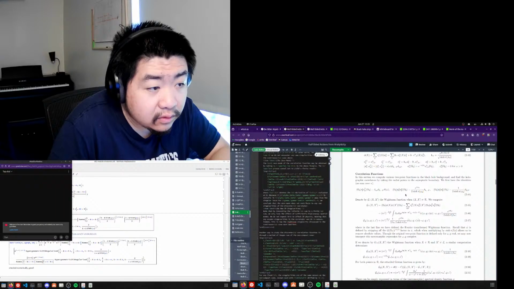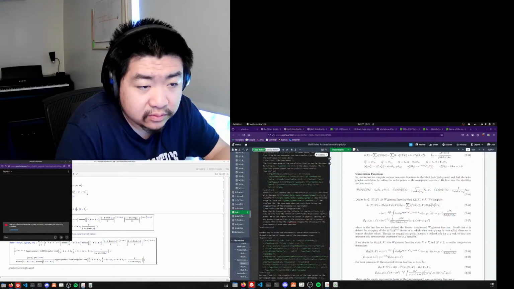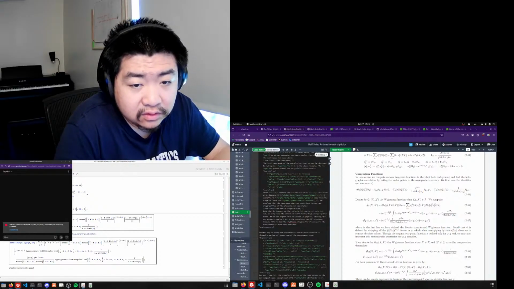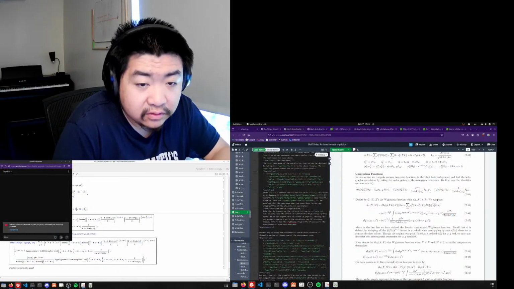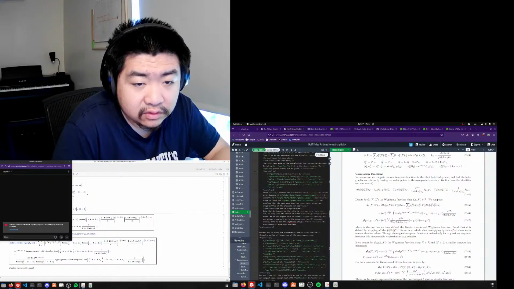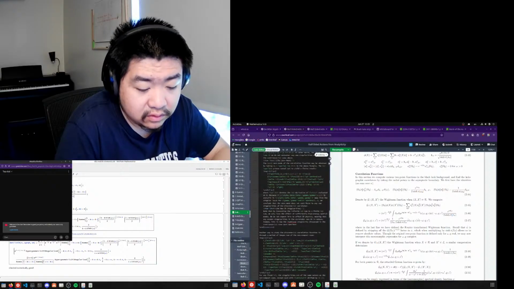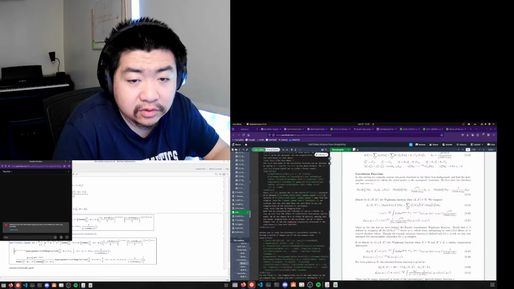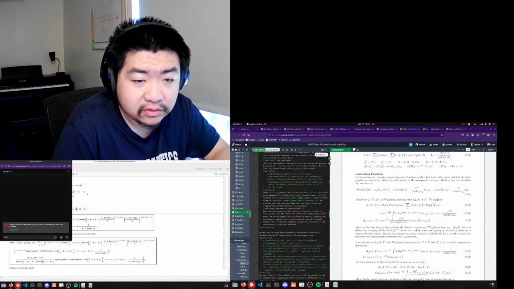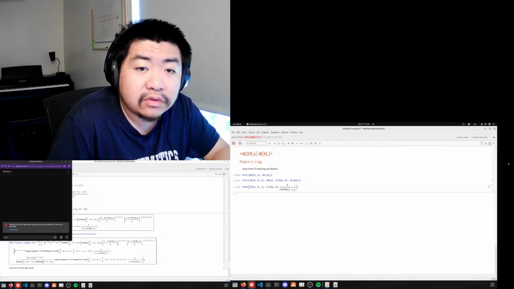There it is. So if these are opposite, then what we get is 2 sinh omega. And then this sets this equal to that. So then I get rid of these. I get a delta function. Two differences.